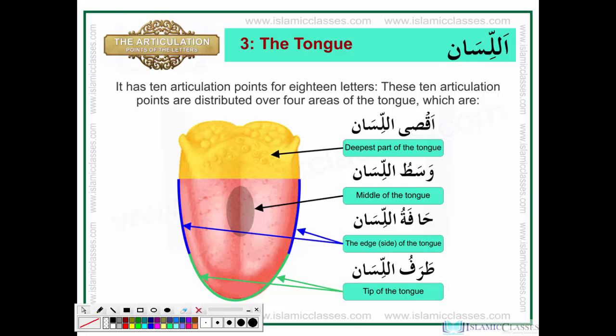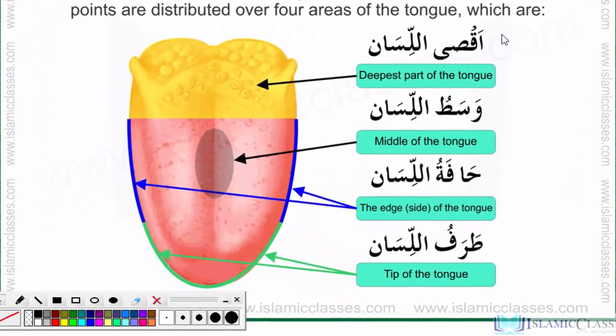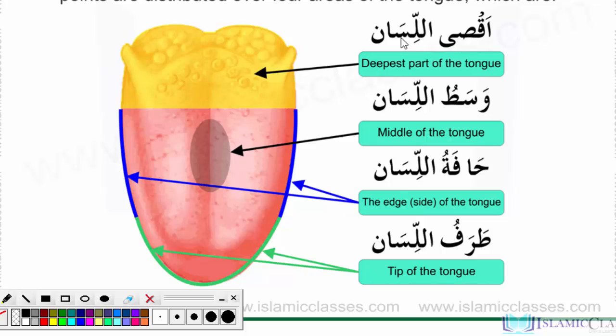Now I just want to tell you that there are 10 articulation points for 18 letters. These 10 articulation points are distributed over 4 areas of the tongue. The first is aqsal lisan, the deepest part of the tongue, the yellow part, or you can say the root of the tongue.